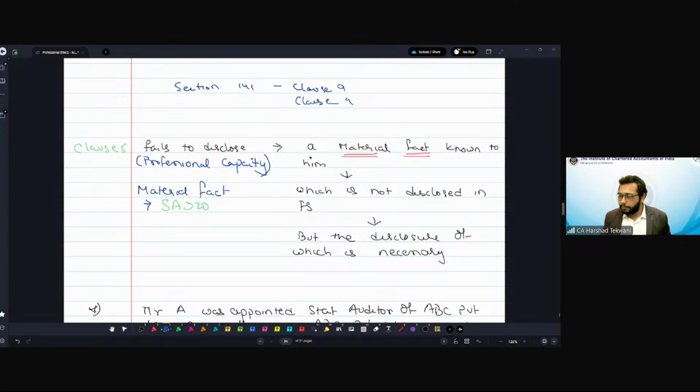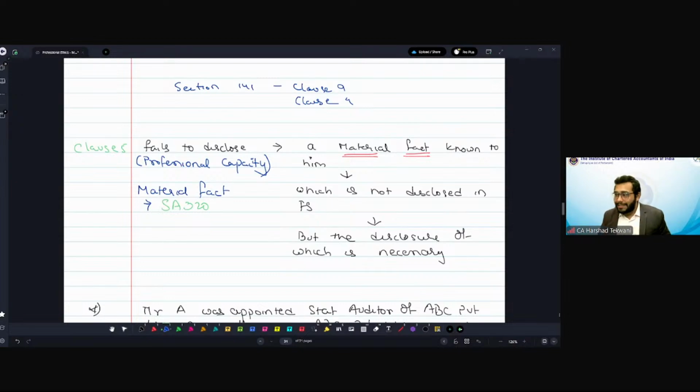As a tax advisor, will he also be in a professional capacity or not? Now, in that case, see, when I talk about a tax advisor, is he required to disclose that material fact? He's not in a position to do that in his audit report or balance sheet. That's why he is not in a professional capacity in that respect.